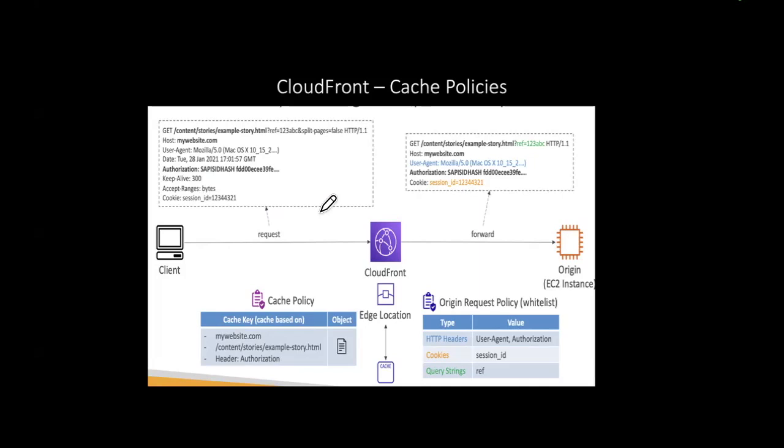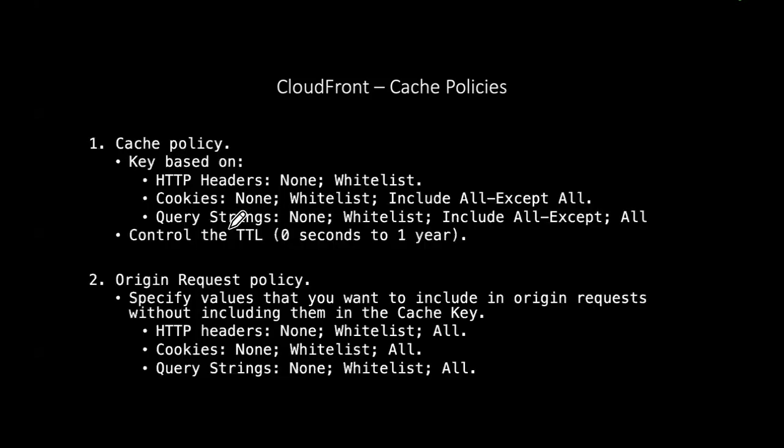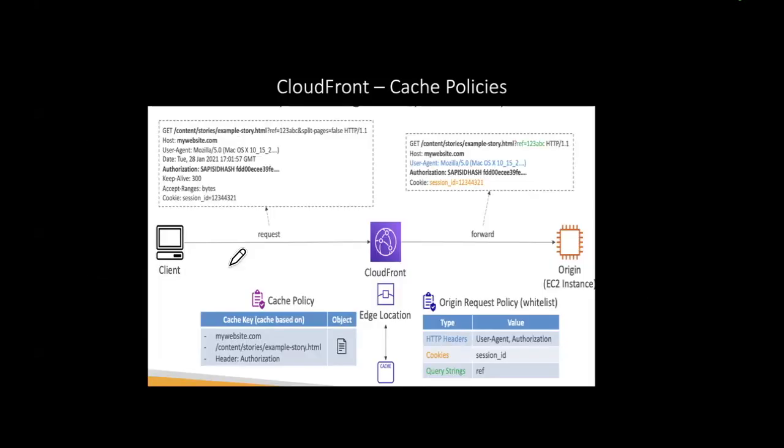Now, the origin request policy. What that relates to is, this might be the request from the client to the edge location server, and it has some query strings in the request. It has some HTTP headers. It has some cookies.